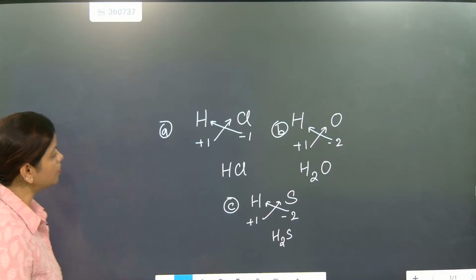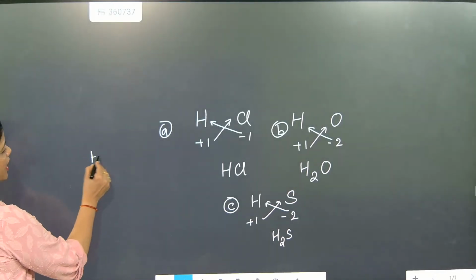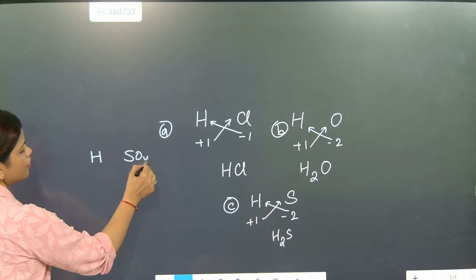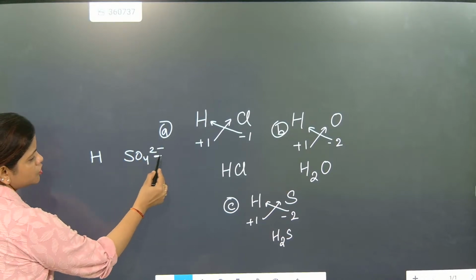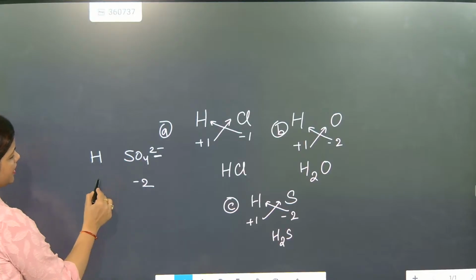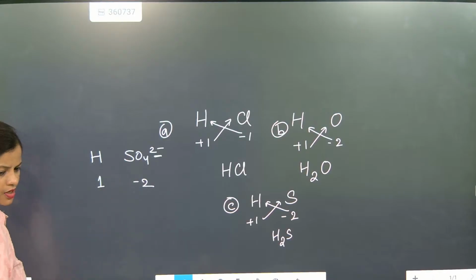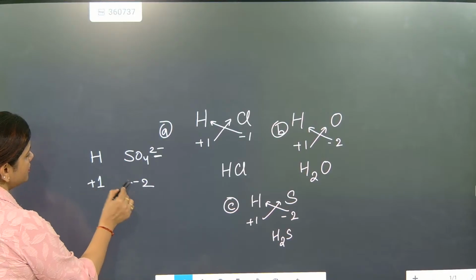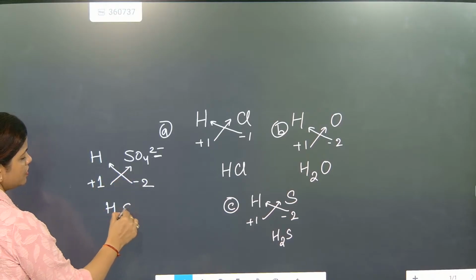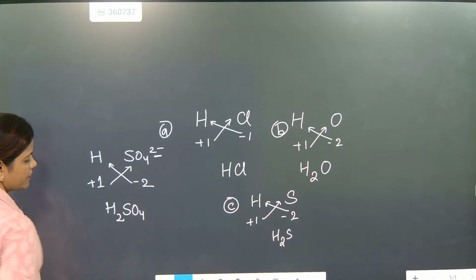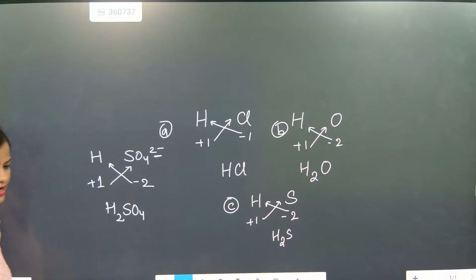Okay. Now, beta, we'll go for the second one, hydrogen and SO4 2 minus. Understood? SO4 2 minus means this 2 minus will come here, beta, and hydrogen will have plus 1 here. So again crisscross rule will be there. This will go this side, this will go this side. It will become H2SO4. I hope you understood how to write this one, beta.